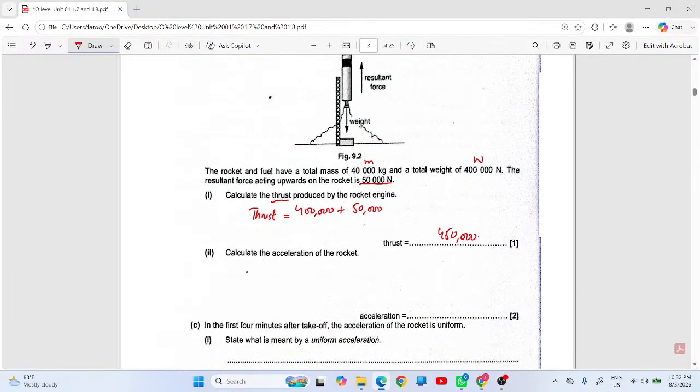Calculate the acceleration of the rocket. F equals ma, so a equals F over m. Calculate the acceleration.